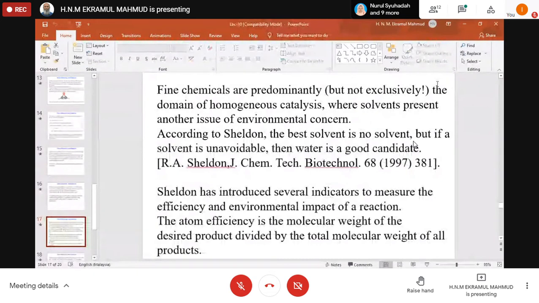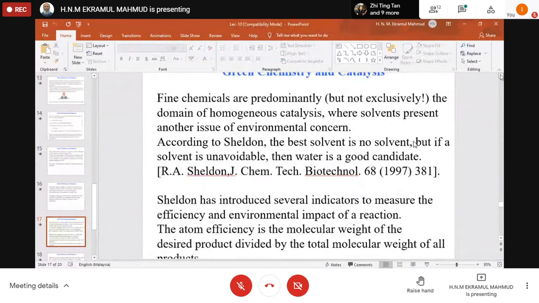All right, so fine chemicals are predominantly the domain of homogeneous catalysis, where solvents present another issue of environmental concern. As before, I talked to you about these fine chemicals.